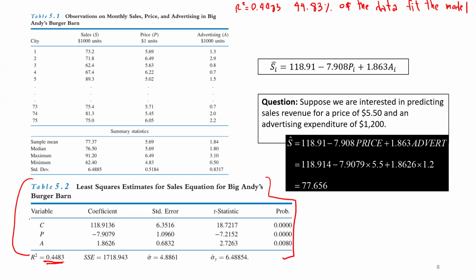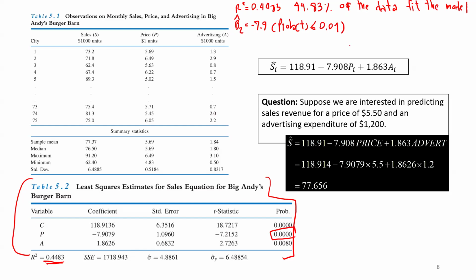Then beta hat 2 equals minus 7.9 here, and its probability is small.